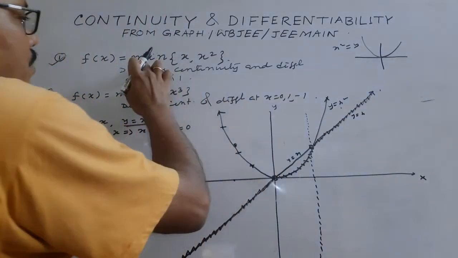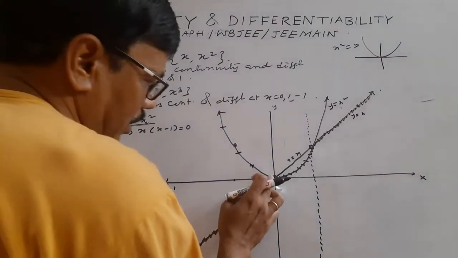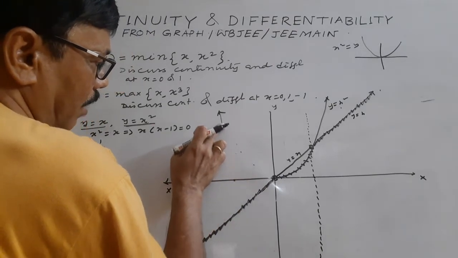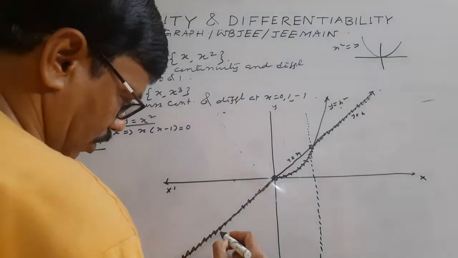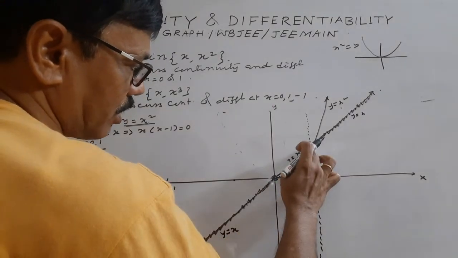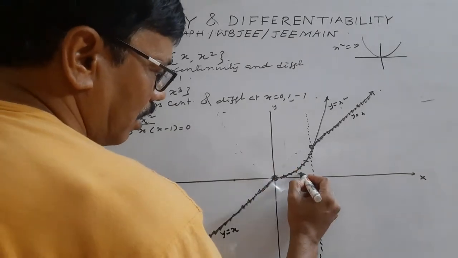So, what is the minimum of x, x square? You look, this part is absent, this part is absent. So we are getting y equals x. At x equals 0, this y equals x is absent.